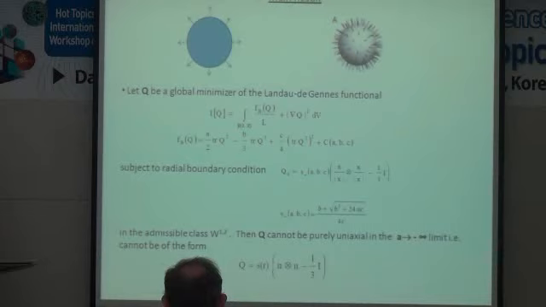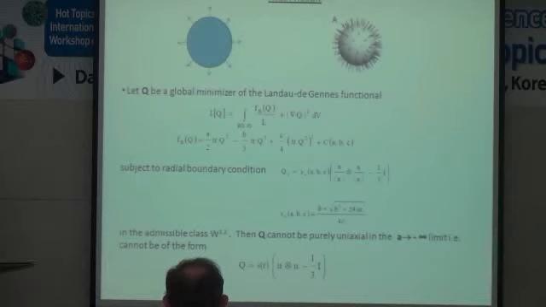Now for every A less than 0, there does exist a minimizer of this Landau-de Gennes energy functional in our admissible class. This is almost immediate from the direct methods in the calculus of variations. And I guess our main result is that there exists some critical temperature AC less than 0, such that for all A less than this AC, the global minimizer Q cannot be purely uniaxial.